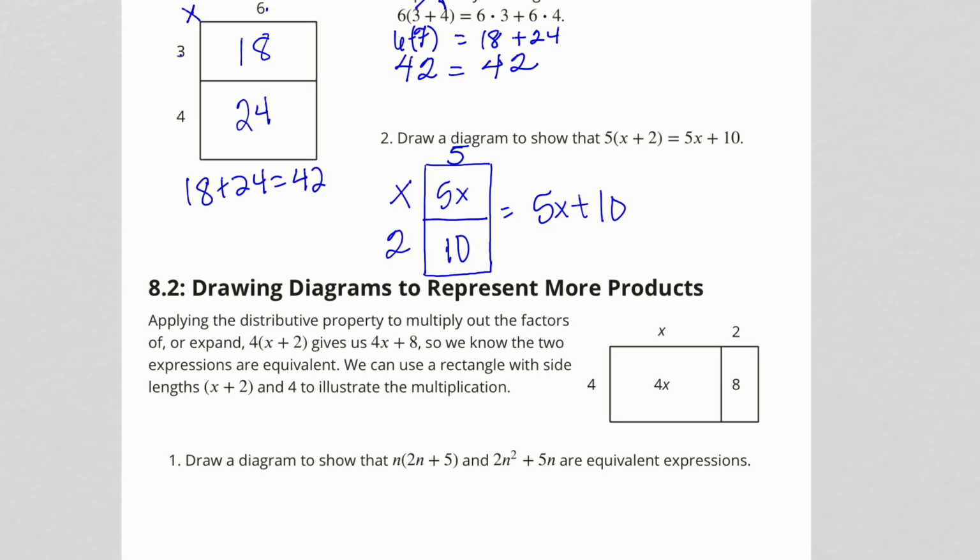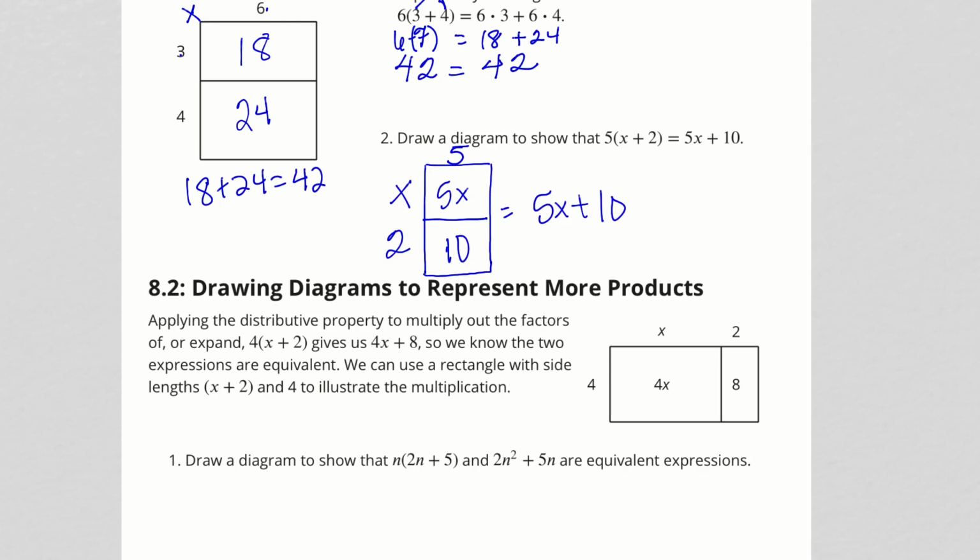So here's how we would represent this with the tiles. The green rectangles are our x's. So we have x plus 2.